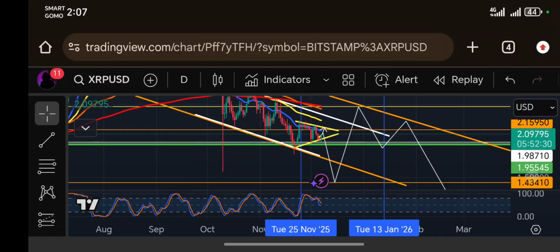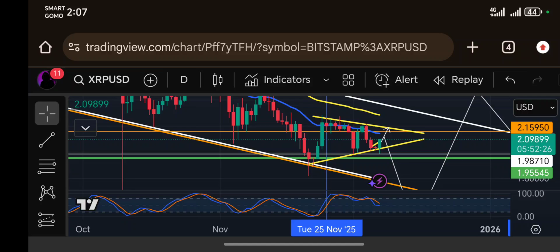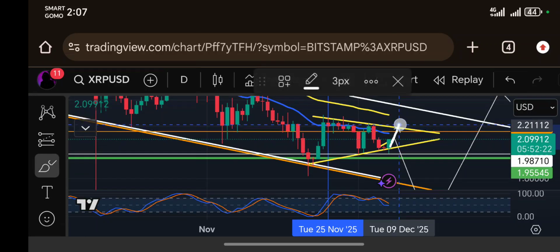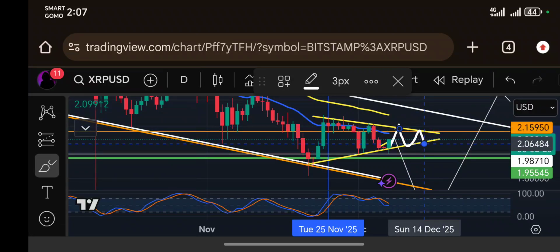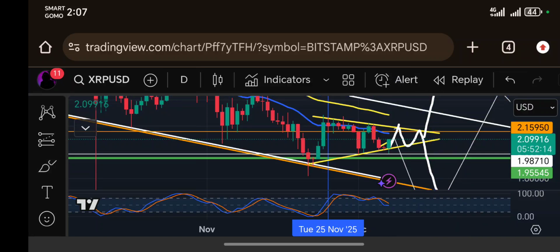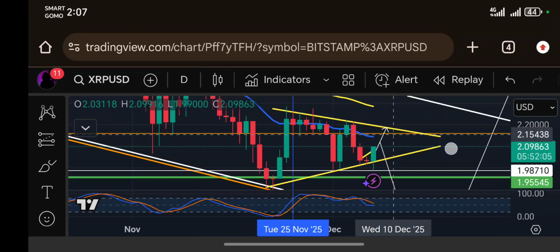Don't get hyped, because maybe we're still inside this triangle. We can pump till like this, or maybe consolidate, then decision time if we come back down. Are we going to go down, or are we going to blast off to the upside? Right now we are going to see if it plays out on this triangle pattern. If it pumps, it can be rejected at this 2.17 area.